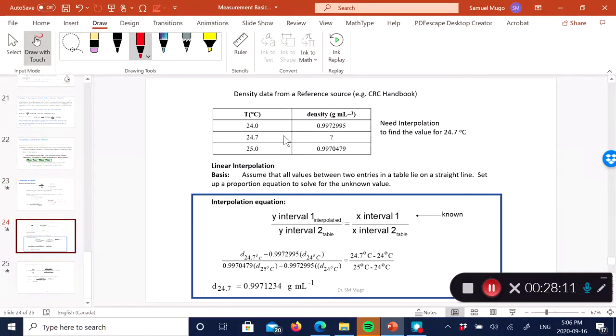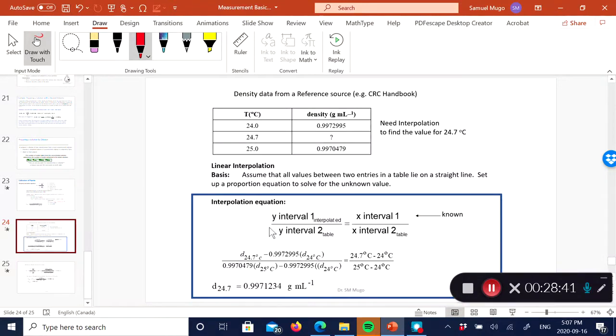In the event that the temperature of your water is somewhere in between two values where you don't actually know the density, like the density at 24 and the density at 25, but maybe the temperature of your water is 24.7, you would do the so-called interpolation as shown in this relationship here.